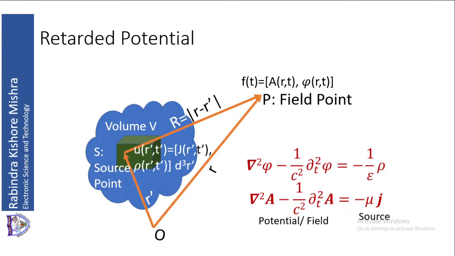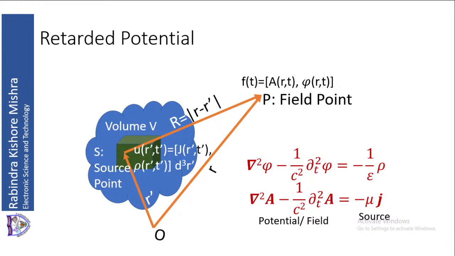Then we are considering a field point which is far away from the source, where we are observing the effect of the source. That field point is at point P. So the OP vector is equal to R, its position vector is R. At OP we have F of t, which is either A or phi. So at P the effect is that it creates a scalar potential or a vector potential.